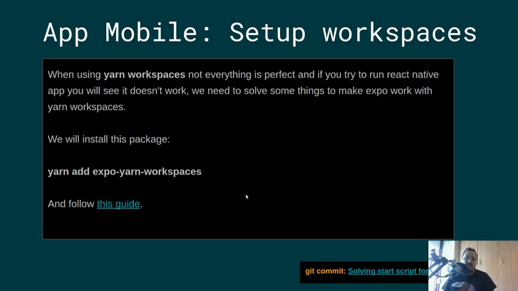But the Expo team has Expo Yarn workspaces, and if you install it and follow this guide, and you have this commit for solving a start script for Expo workspaces in React Native, you will have it working. For me, it was the first time I tried to add Yarn workspaces to my project.